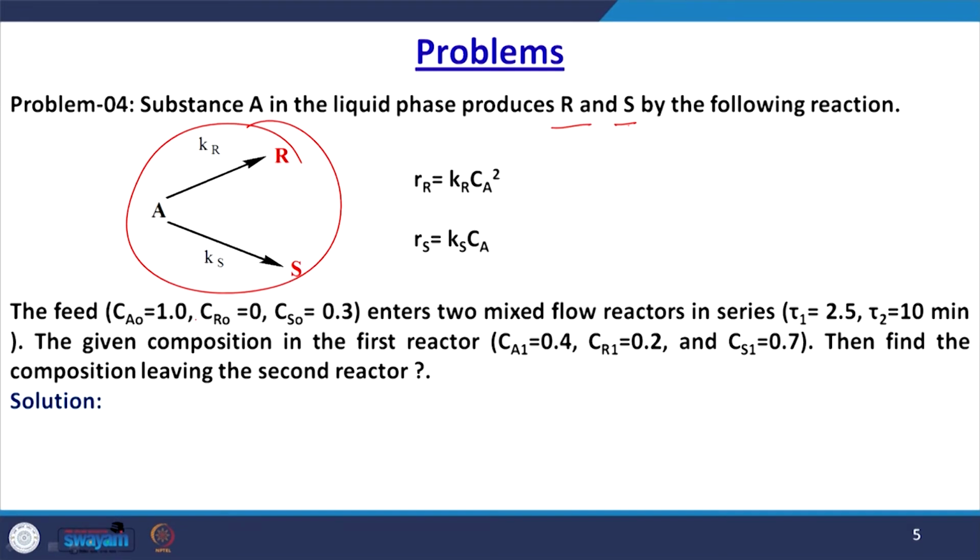This enters two mixed flow reactors in series. The values of tau 1 and tau 2 are given, 2.5 and 10 minutes. The given composition leaving the first reactor is Ca1 equal to 0.4, Cr1 equal to 0.2 and Cs1 equal to 0.7. You need to find the composition leaving the second reactor.